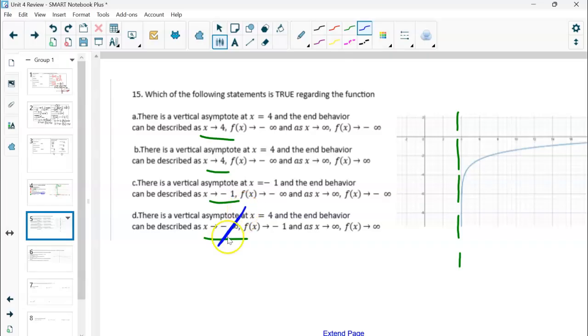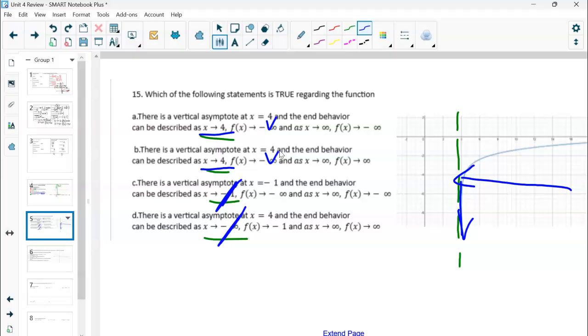So that means I cannot go toward negative infinity, because I can't get there, okay? I can also not go toward -1 because my asymptote is at 4. But I can go toward 4. So when I go toward 4, right here, what happens to my function? It goes down. It checks out for both, okay? So now I am eliminating this down to A and B answers.